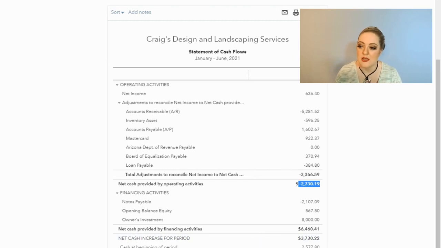Unfortunately, with this, it doesn't show us a third category that would sometimes show up, and that's called investing activities. This is when you're actually buying big assets like vehicles, equipment, furniture, things that are going to be used for the company over many years and would typically have to be depreciated for tax purposes. Those go on the balance sheet.